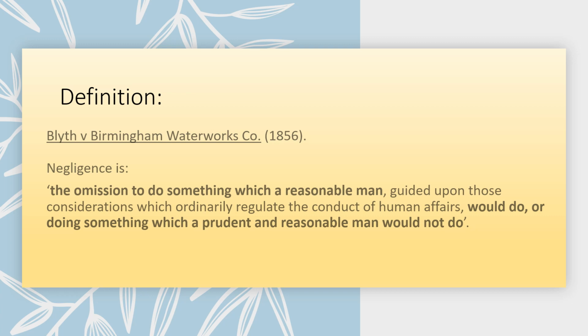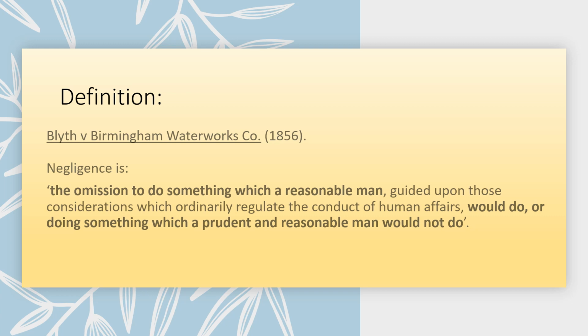Now the classic definition of negligence was given in Blyth v Birmingham Waterworks Company from 1856. The definition is: negligence is the omission to do something which a reasonable man, guided upon those considerations which ordinarily regulate the conduct of human affairs, would do, or doing something which a prudent and reasonable man would not do.